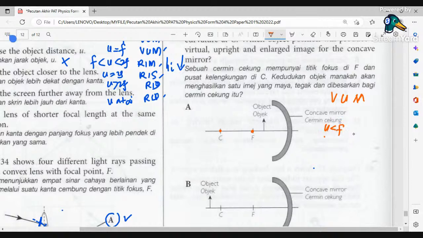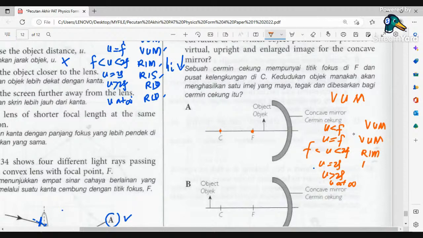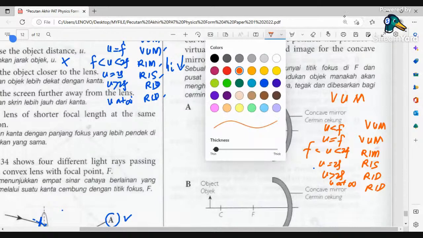U less than F, U equals to F, U between F and 2F, U equals to 2F, U more than 2F, U at infinity. Sama boom boom, rim wrist, rid. Sama. So if you want the image to be virtual, upright and large, mana dia?